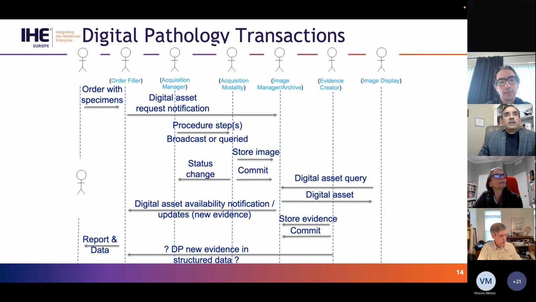So in a nutshell, in a single slide, this is the entire digital pathology workflow.